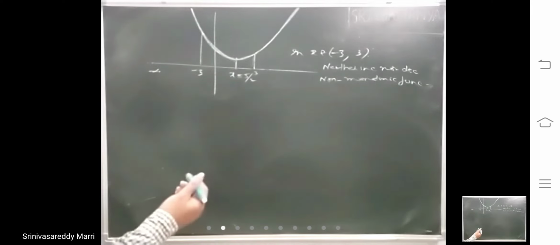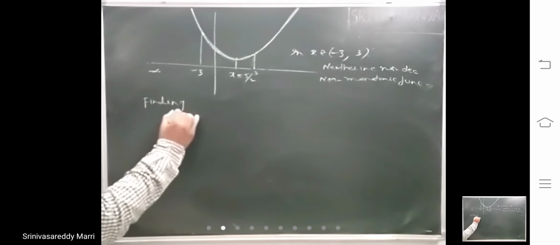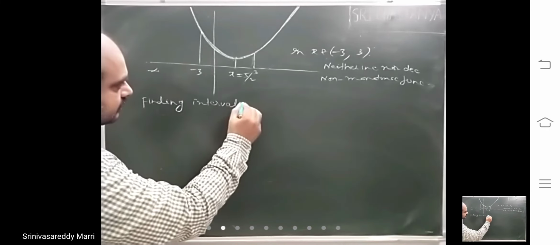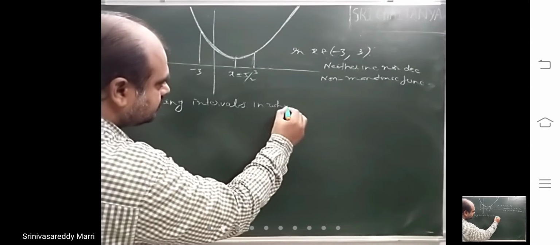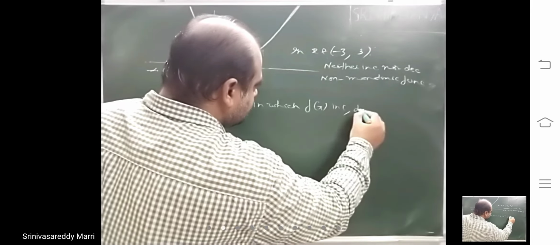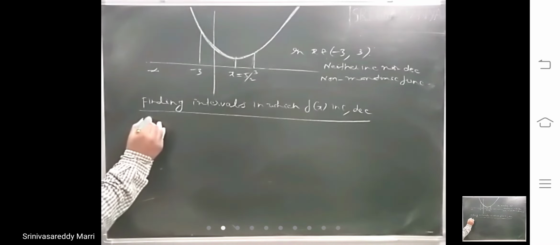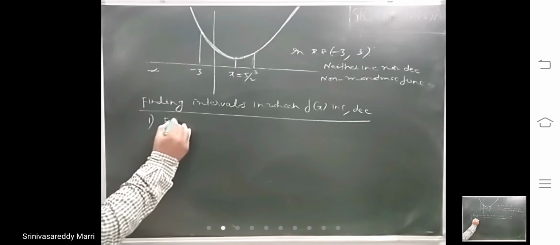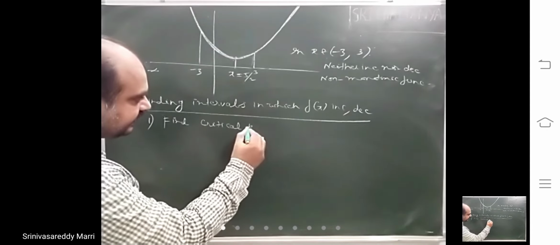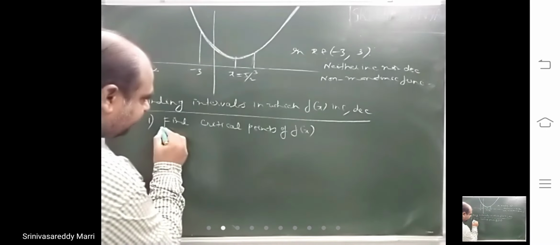Look at next. Finding intervals in which f of x increases, decreases, there is a procedure. The procedure is: first point, find critical points of f of x.